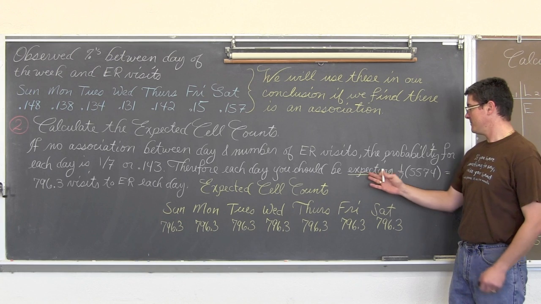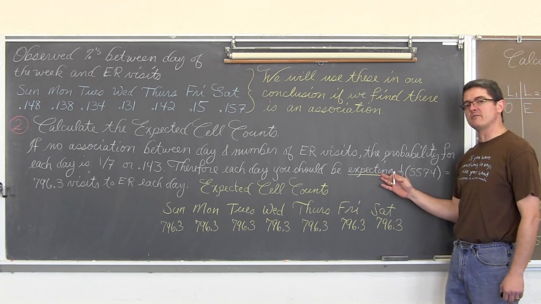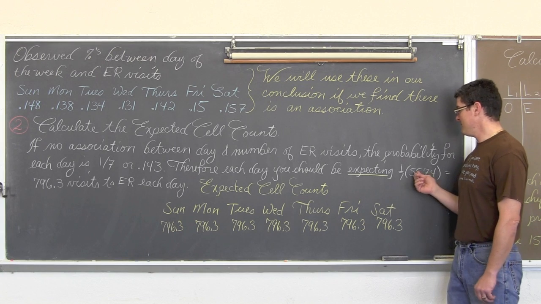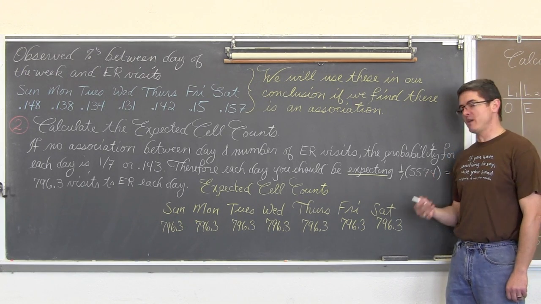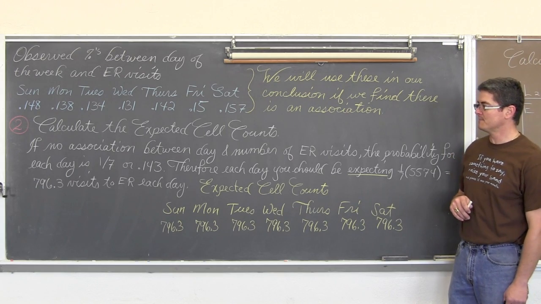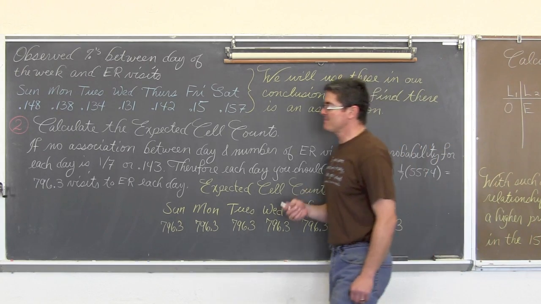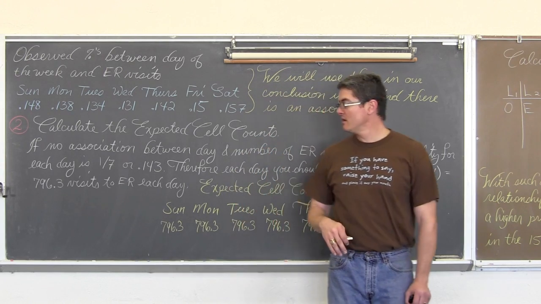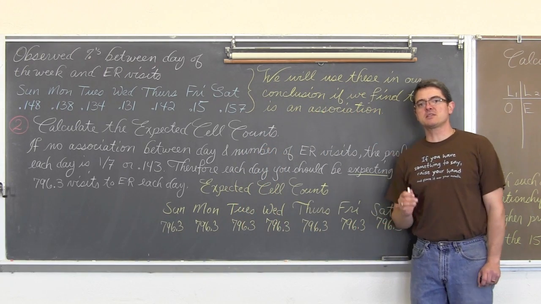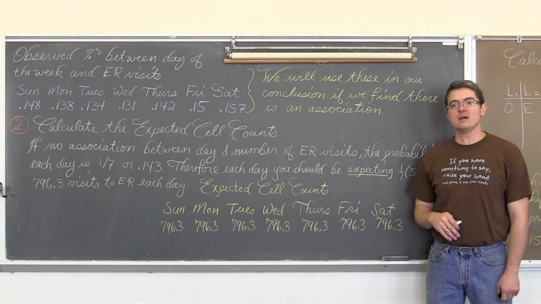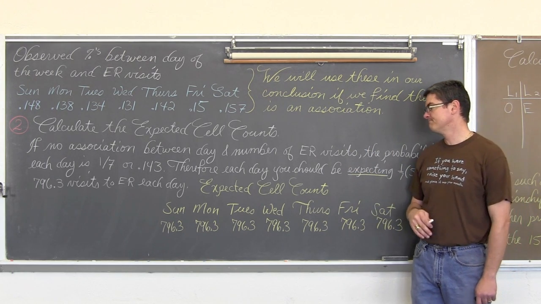So we're going to find these expected values by doing 1/7, or 0.143, and multiplying it by the number of total observations, which was, again, 5,574. This comes up to an expected cell count of 796.3. So the expected cell count for every one of the 7 days of the week is that same value of 796.3.